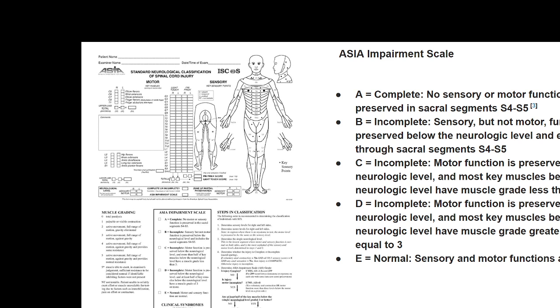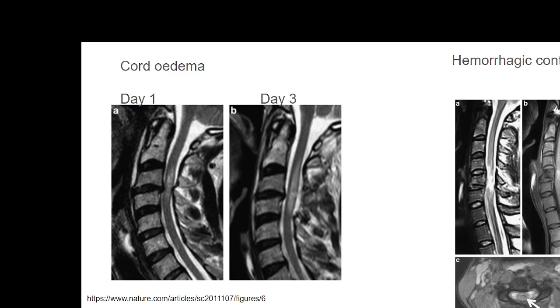C is incomplete, where motor function is preserved below the neurological level, and most key muscles below the neurological level have muscle power grade of less than 3. D is incomplete again, where motor function is preserved below the neurological level, and most key muscles below the neurological level have muscle grade greater than that. E is normal. This is how it is graded, as a universal condition.